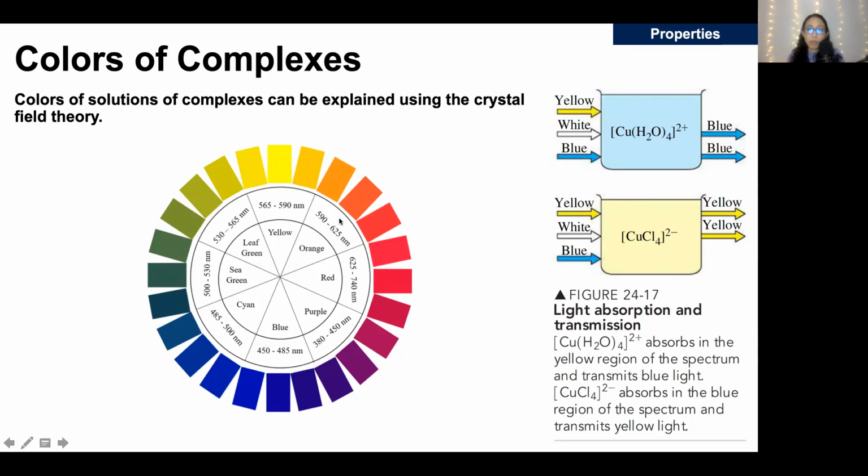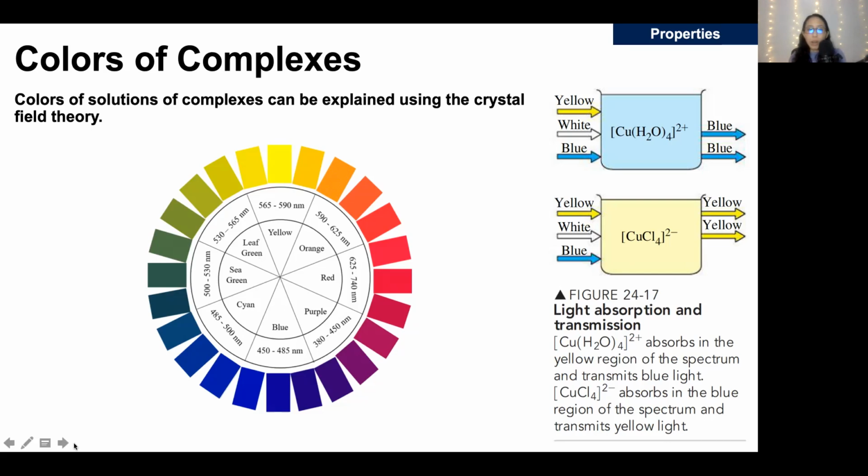On the other hand, if it absorbs in the blue region, let's say 460 nanometers, it absorbs blue, then we will see the solution as color yellow. Again, it's always the complementary that is transmitted to our eyes. So the species in your solution, the ions there, will absorb light that will not be transmitted to our eyes. So ang natatransmit sa eyes natin, yung color na hindi niya ina-absorb.